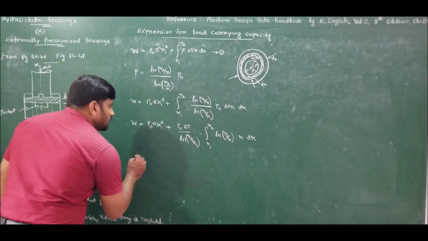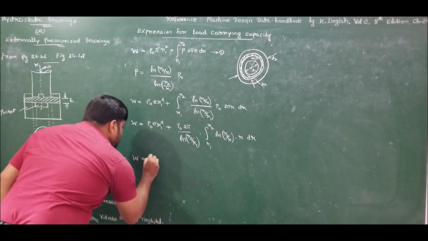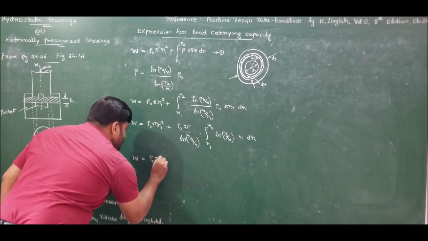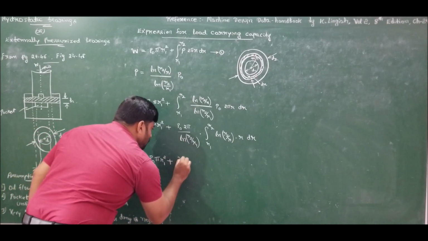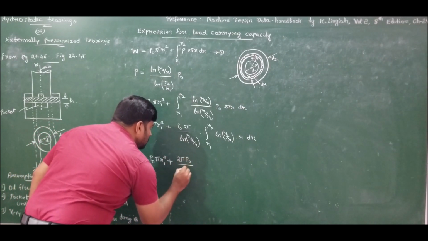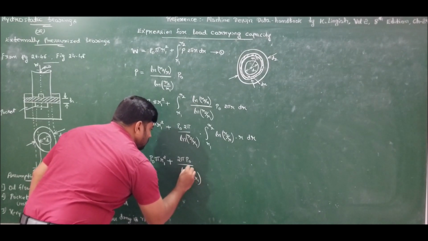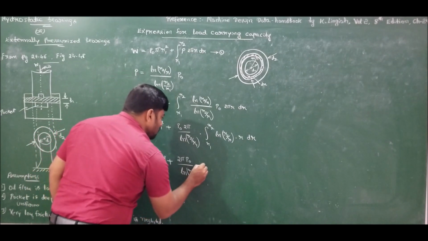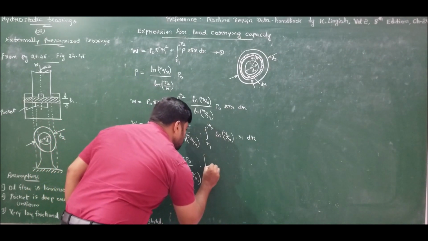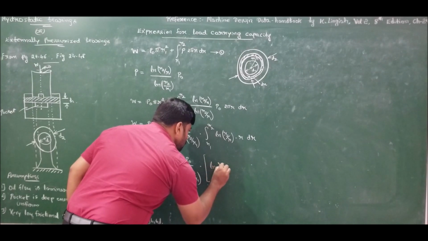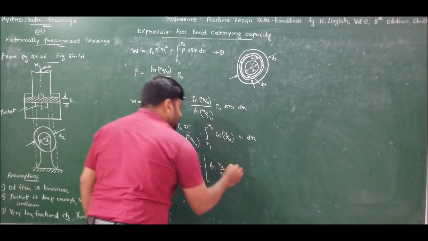So if I do that, what I am going to get, W is equal to p naught by r1 square plus 2 pi p naught divided by ln of r2 by r1 times first function, that is ln of r2 by r, first function into integral of second.